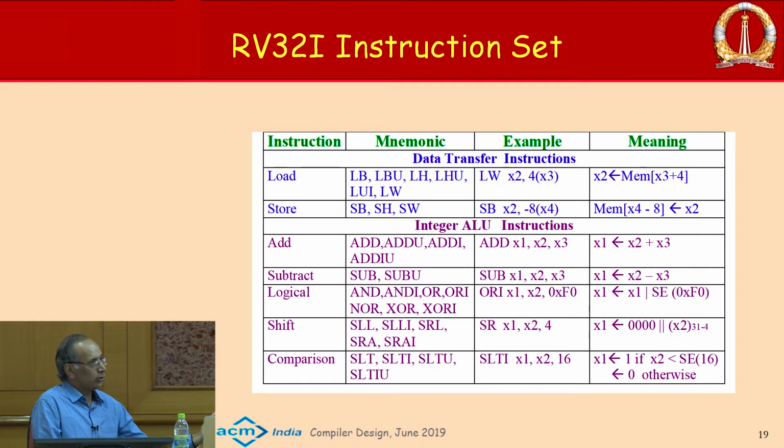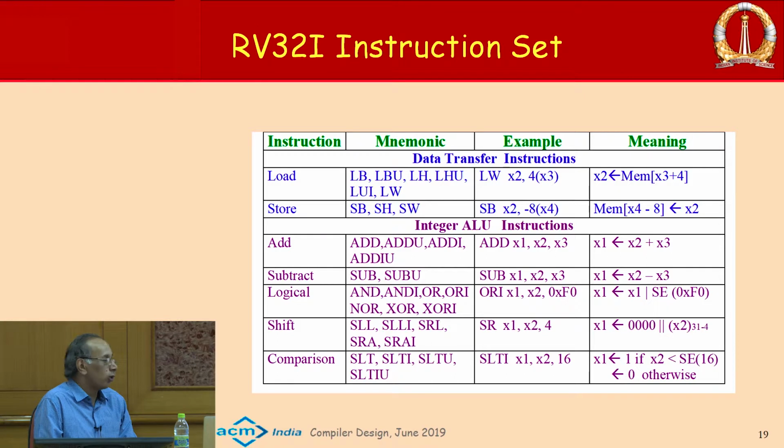Now, if you copy it into a 32-bit register, only copying those 8 bits and keeping the remaining 24 bits as 0, then what happens to the number? It has become positive. Is that what you wanted? Probably not. So, if you want all of the leading bits to be zeros, then you should load it as unsigned. If you want all of those bits to be 0 or 1 depending on whether the original number was positive or negative, then you should load it as a signed byte. That is the difference.